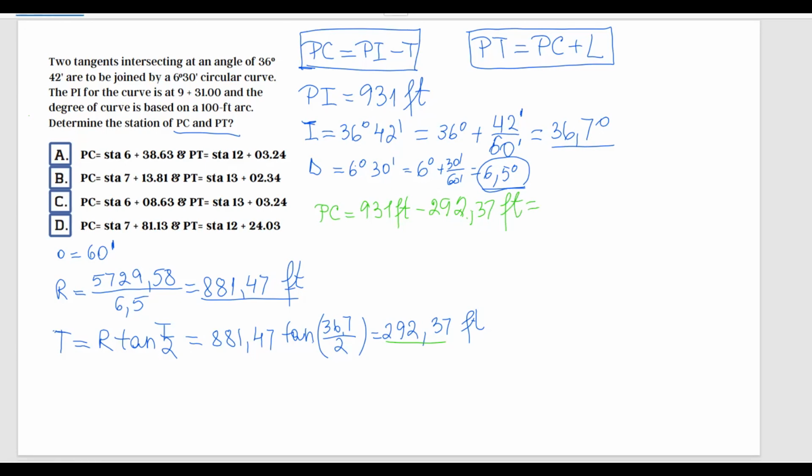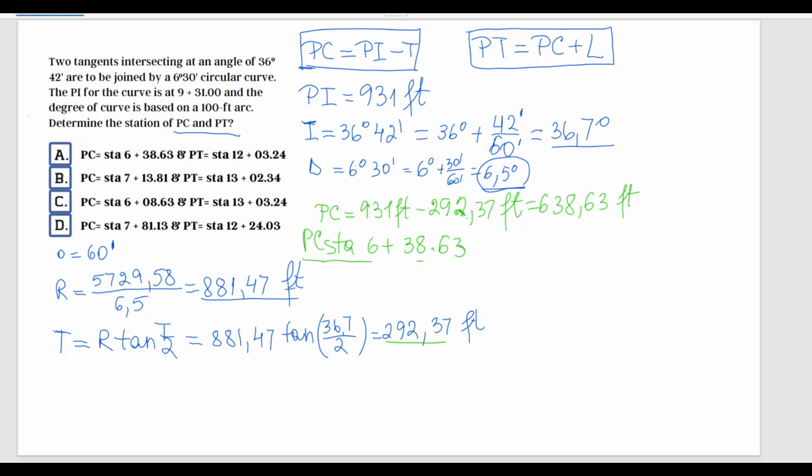Let's do this calculation. 931 minus 292.37, and I get 638.63 feet. Or if you want to write this as a station, you can say station 6 plus 38.63. This is PC.